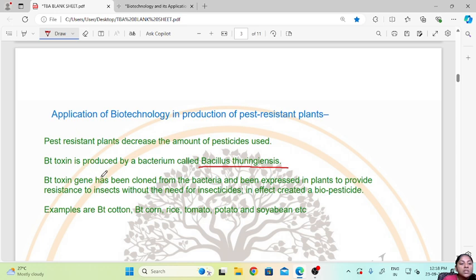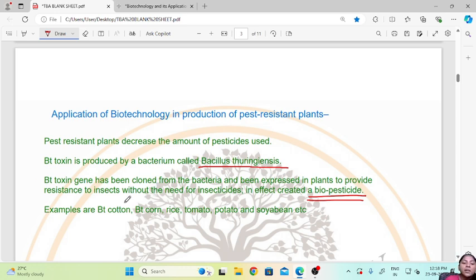The Bt toxin gene has been cloned from the bacteria and expressed in plants to provide resistance to insects without the need for insecticides. In effect, this created a biopesticide. The gene has been put into the plant genome, and because of this the plant has become a biopesticide, naturally resistant to the pest.